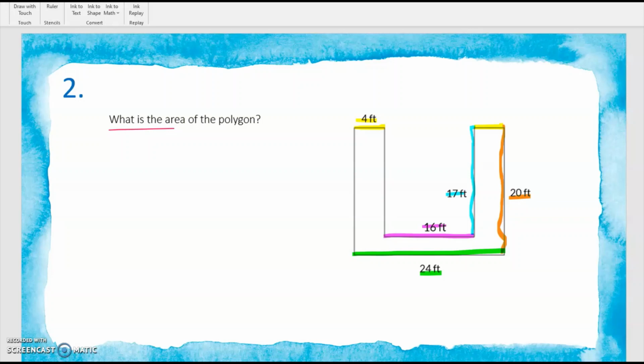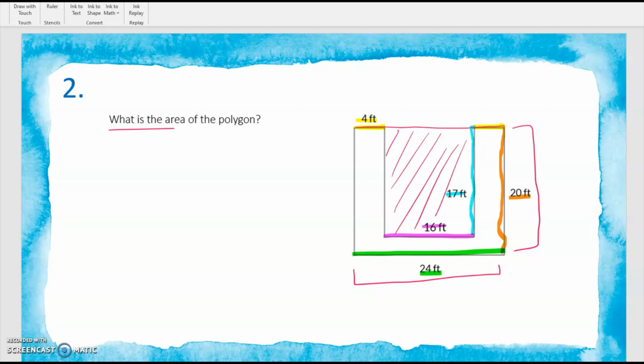One way you may not think about is you could do 24 times 20, and that would give you this whole big rectangle. Then you could subtract this out because we don't have that space. So the whole area of the whole thing would be 24 times 20.